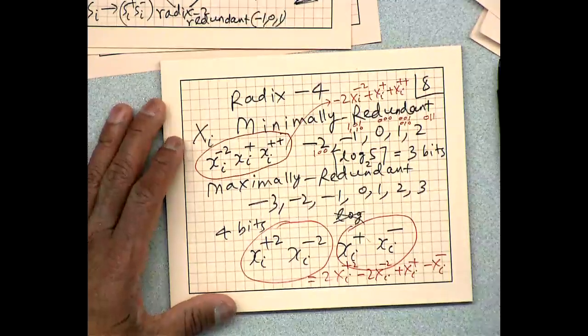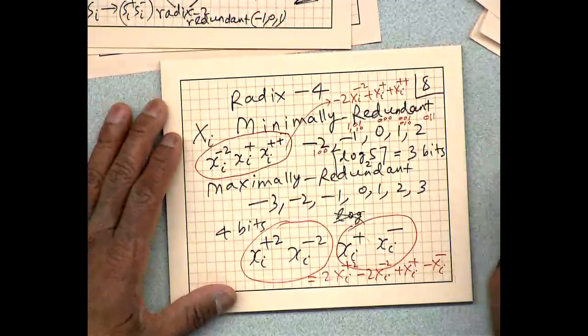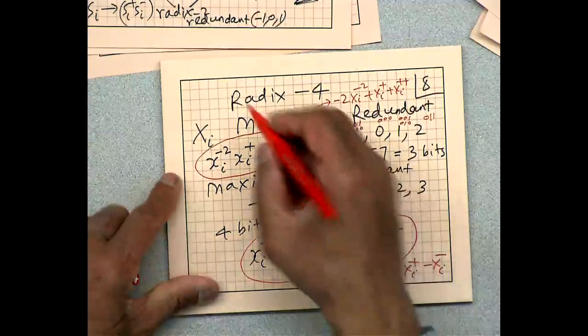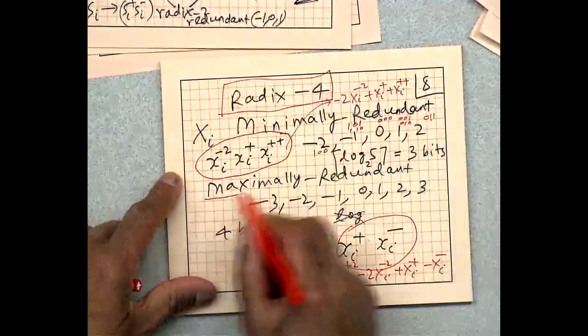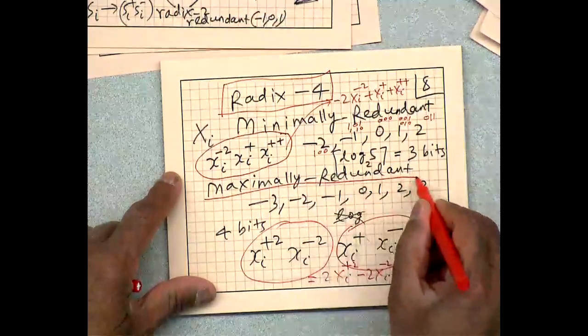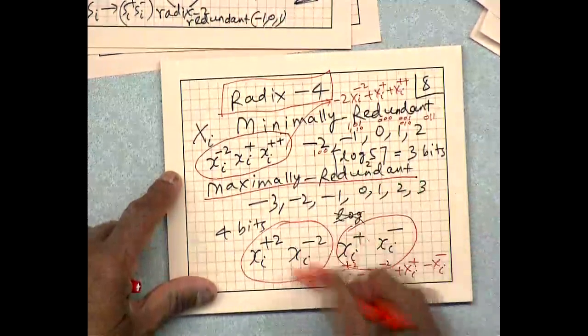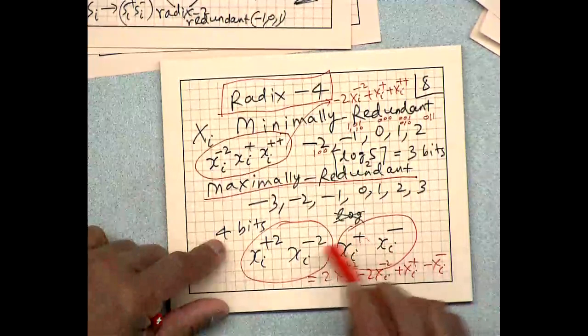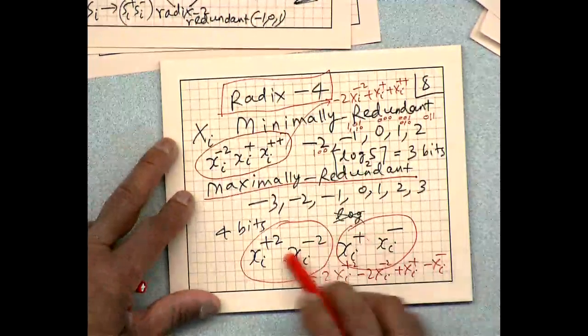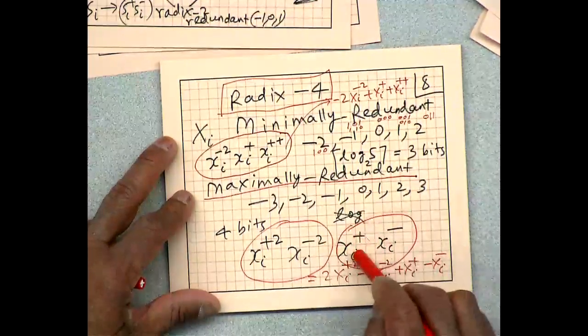So what I'm trying to say is, if we are representing in radix 4 using maximally redundant, this representation using 4 bits is nothing but a concatenation of 2 radix 2 digits. This is a radix 2 digit.